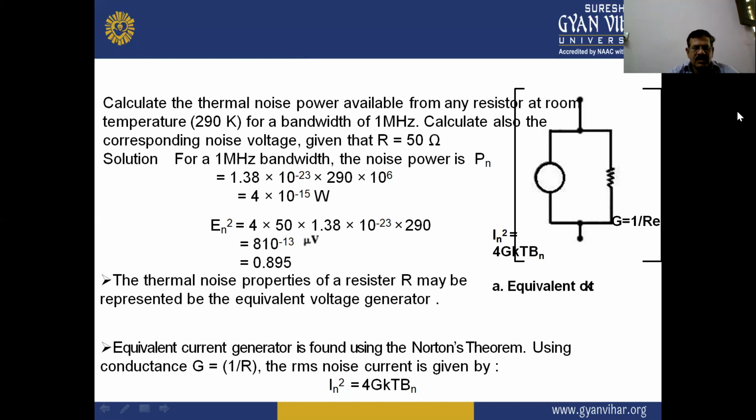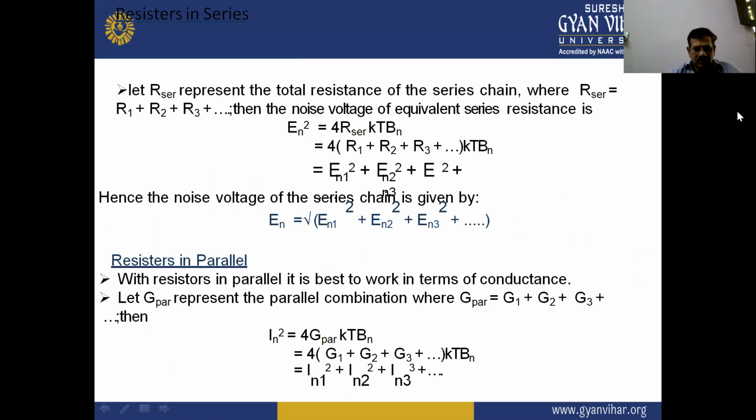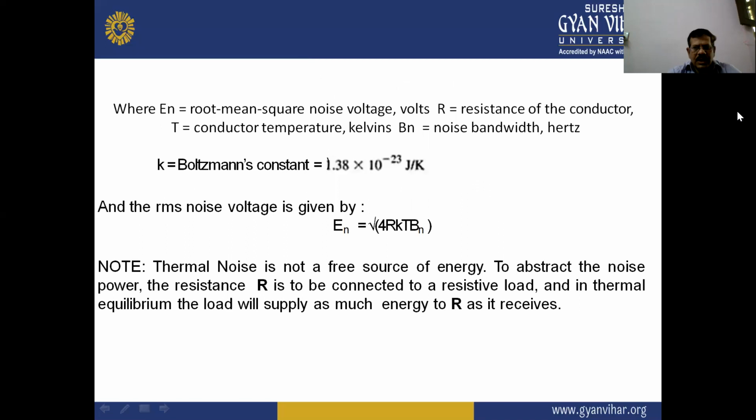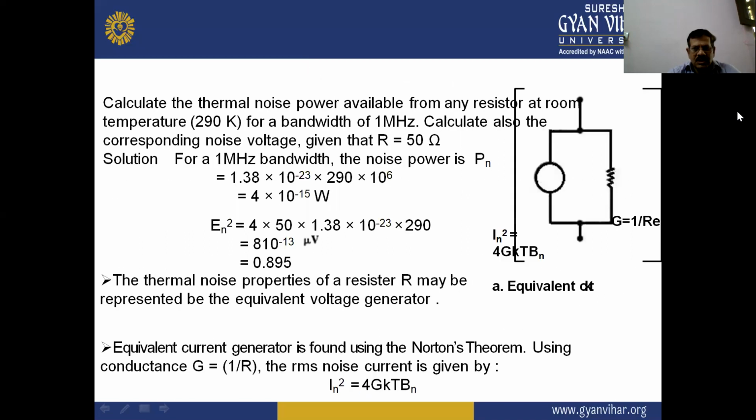And we also find the noise voltage En, the square root of 4kTRB, putting in the values of the given parameters, and that is 0.895.